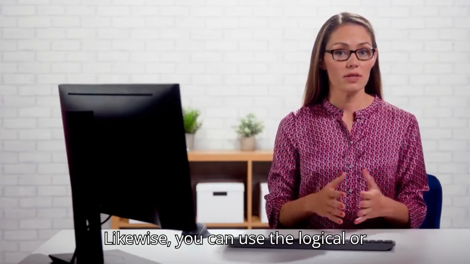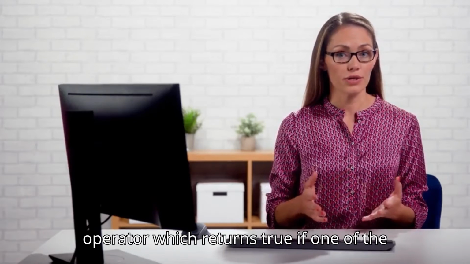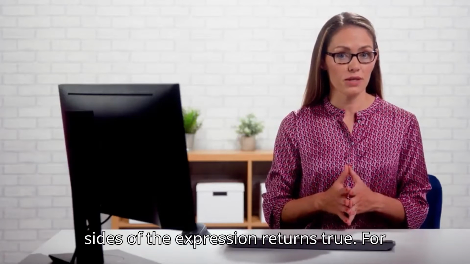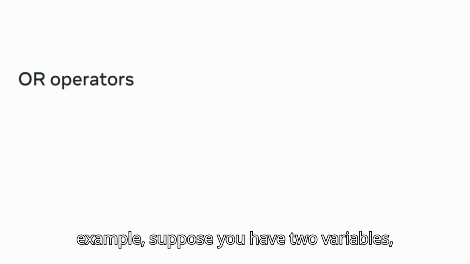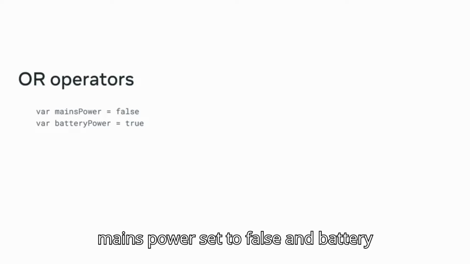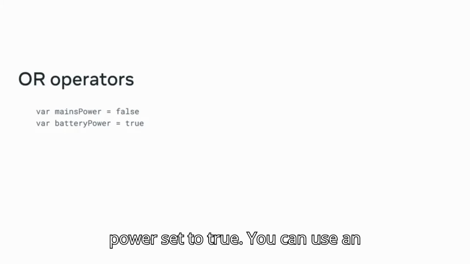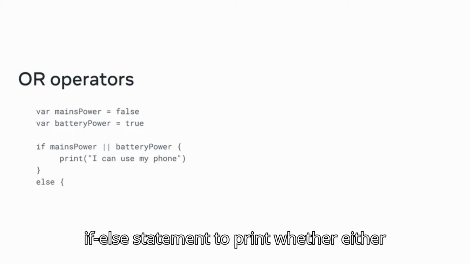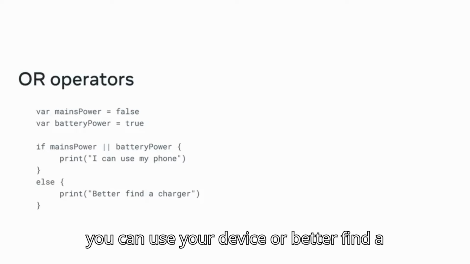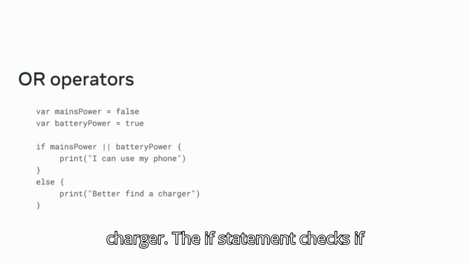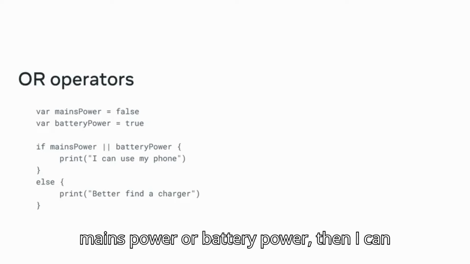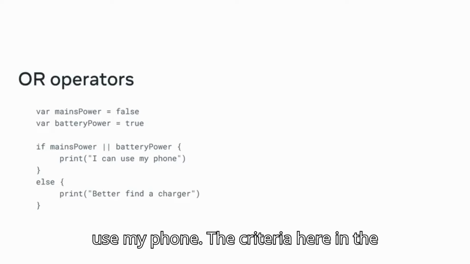Likewise, you can use the logical OR operator, which returns true if one of the sides of the expression returns true. For example, suppose you have two variables, mains power set to false and battery power set to true. You can use an if-else statement to print whether either you can use your device or better find a charger. The if statement checks if mains power or battery power, then I can use my phone.